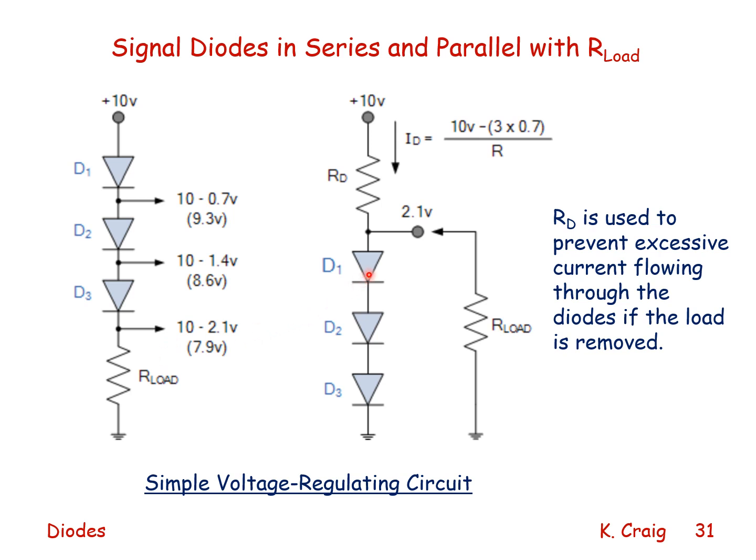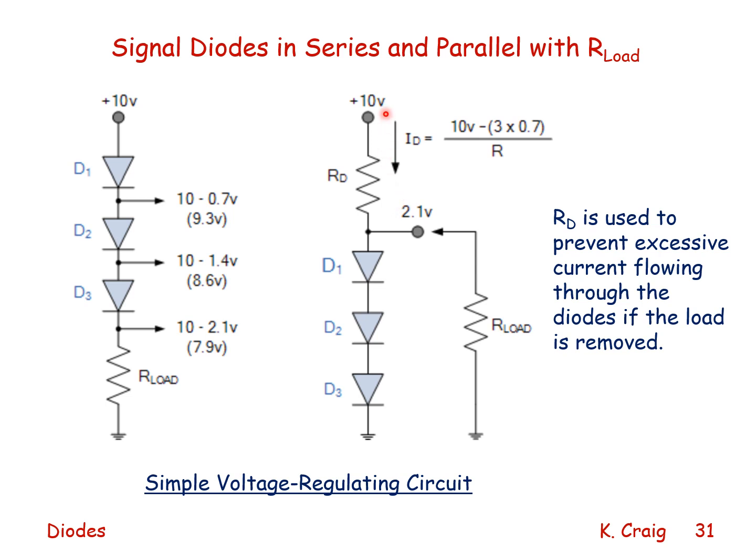Here we have 3 diodes in series and together in parallel with the resistive load. The voltage drop across the 3 diodes is 2.1 volts. That's the voltage supplied to the resistive load.